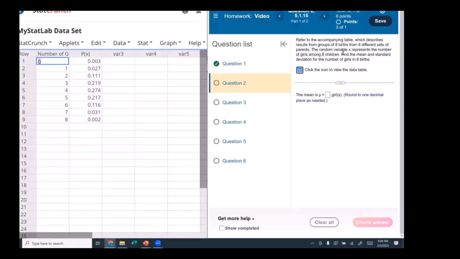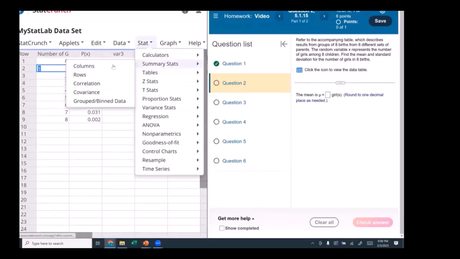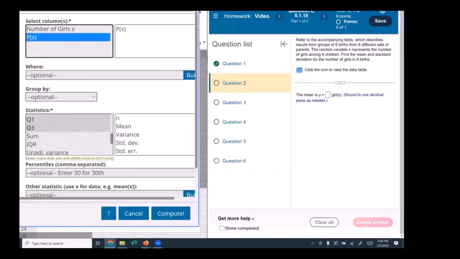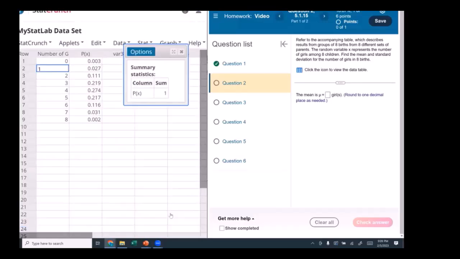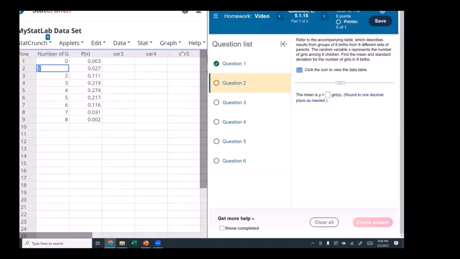The random variable X is the number of girls. Find the mean and standard deviation for the number of girls in 8 births. Should we check to see if it's a probability distribution? We look at P of X. We don't want them to trick us. So let's sum the columns. It equals 1, so we know we have a probability distribution.